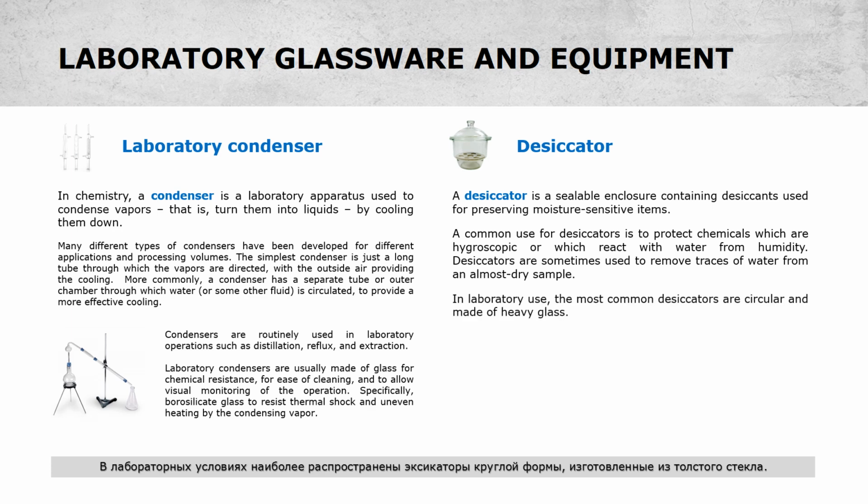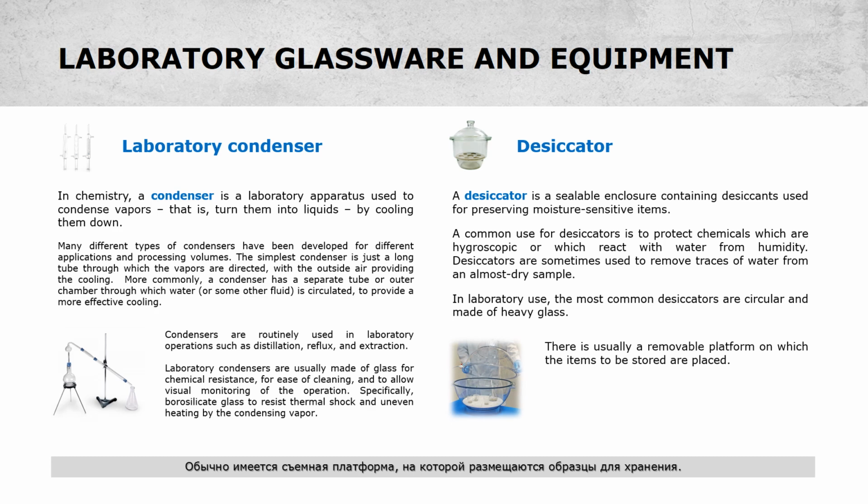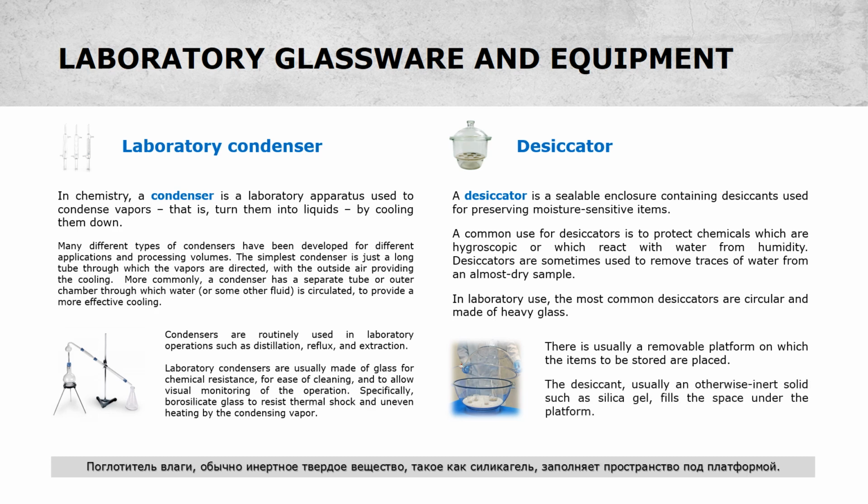In laboratory use, the most common desiccators are circular and made of heavy glass. There is usually a removable platform on which the items to be stored are placed. The desiccant, usually an otherwise inert solid such as silica gel, fills the space under the platform.